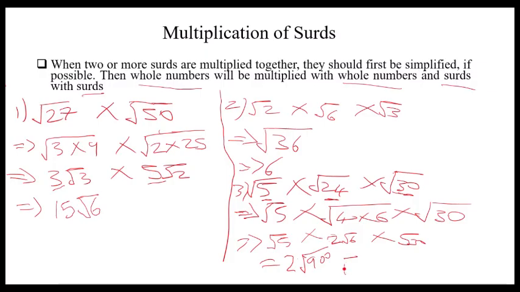So this is the same thing as having 2 times the square root of 900. What's the square root of 900? 30. So it's the same thing as 2 times 30, which equals what? 60. I hope you understand. So you can see it's as simple as ABC. It's very simple. Let's move on to the division of surds.